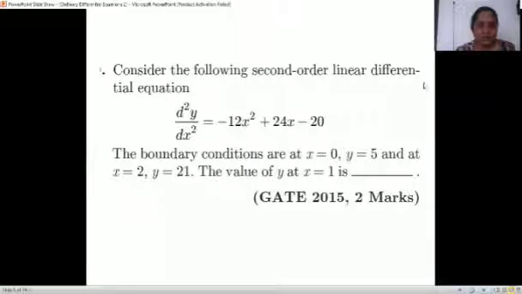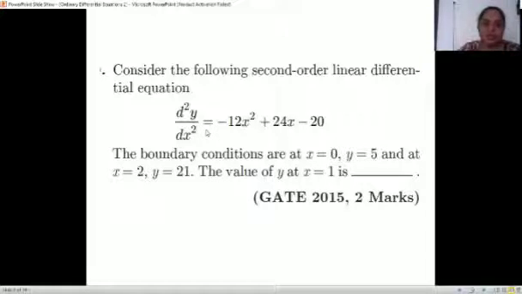Please unmute and talk. Swapnil, you have to unmute. Okay, then what are these, if D square is 0? So these are 0, 0, right? Therefore, we can write yc is c1 plus c2x into e raised to 0x, e raised to 0x is 1. So it is simply c1 plus c2x.